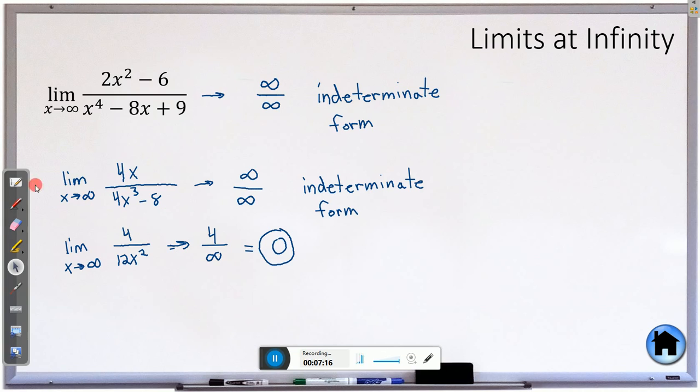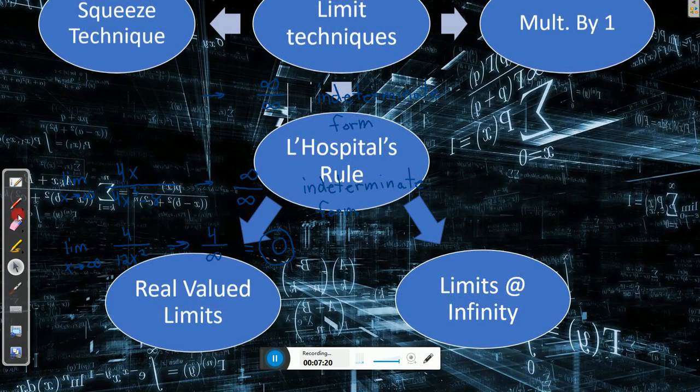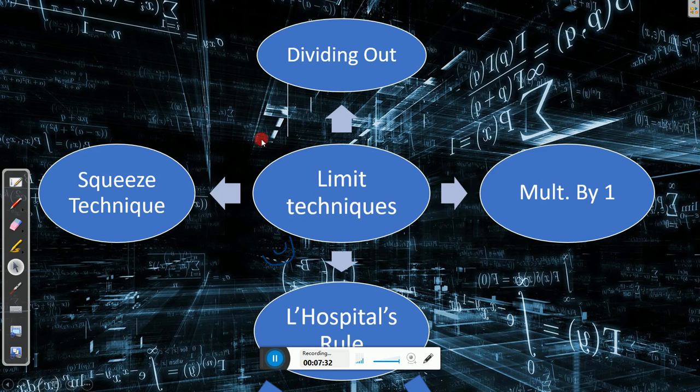So all of our limit techniques, if we go back to all of them here, we have L'Hôpital's rule, which is very powerful and actually quite easy to do. But we also have our other 4 techniques as well, the dividing out, multiplying by the conjugate, and the squeeze theorem. So that rounds out our 4 different techniques for taking limits.